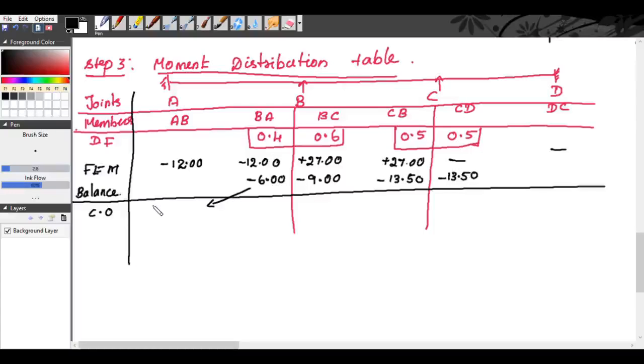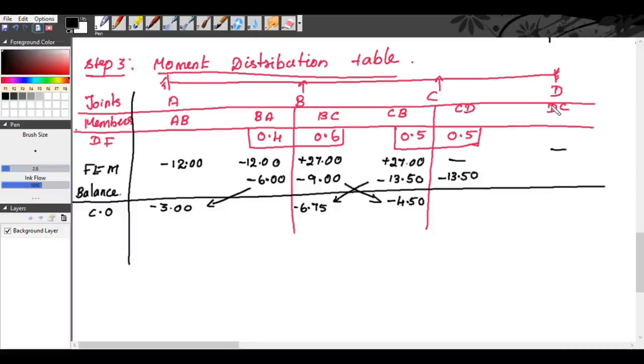So we get here minus 3.00. Now between B and C, in the span BC, both are intermediate supports. So there is transfer of moments between B and C. So minus 9 divided by 2, we get minus 4.5. And minus 13.5 divided by 2, we get minus 6.75.